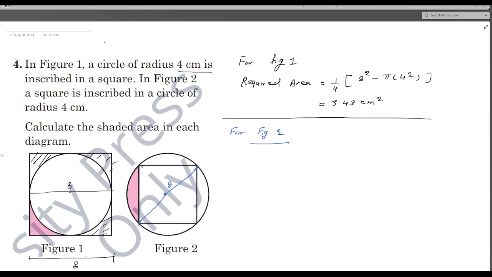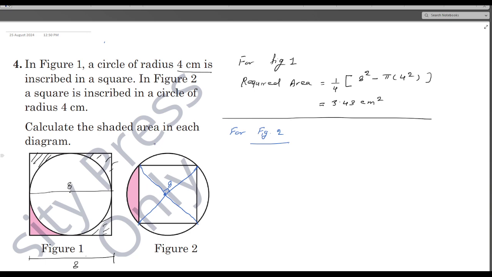Now if I draw the diagonals like this, these two diagonals are perpendicular to each other. And therefore, as in the case of a rhombus, where the area is half into the product of two diagonals, for a square also we can use that.